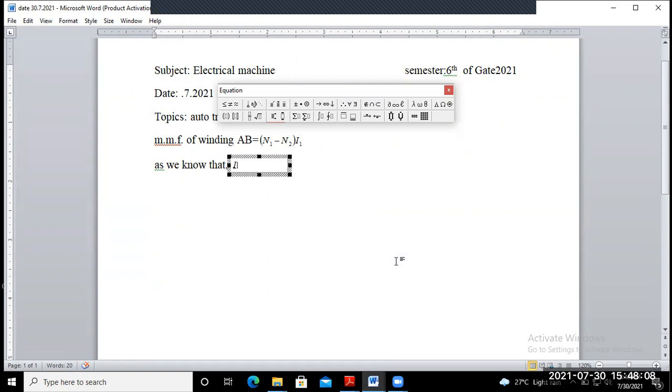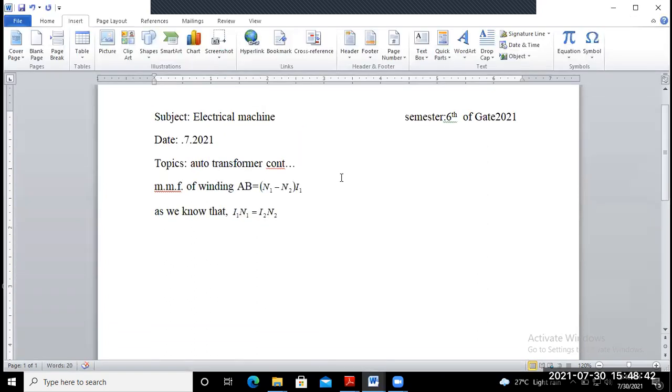So if we expand this equation, we get I1 N1 minus I1 N2, and I1 N1 we can write as I2 N2.